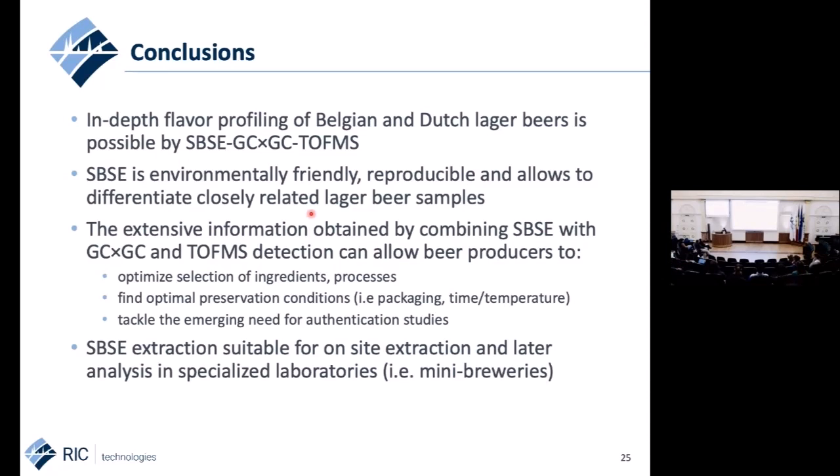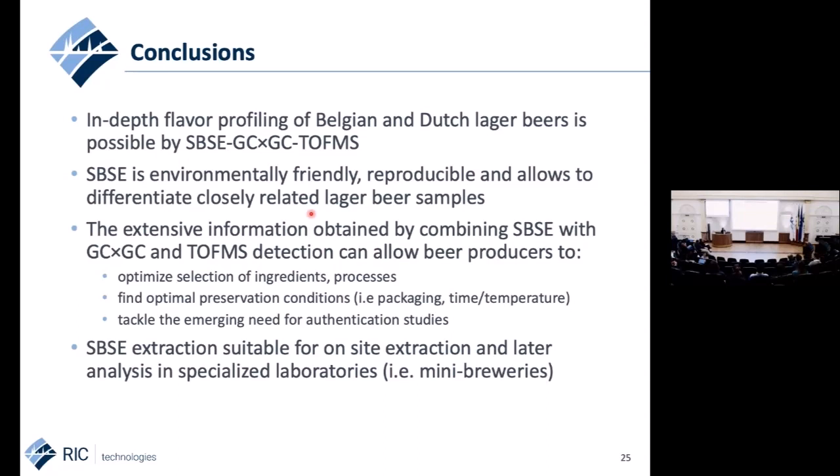The information that we get via this technique is something beer producers could use to optimize their ingredient selection, their processes, and to find, for instance, the optimal storage and packaging conditions.